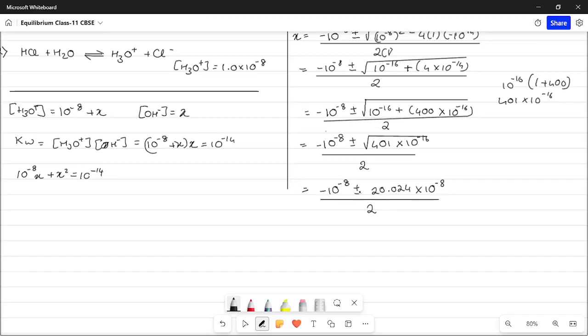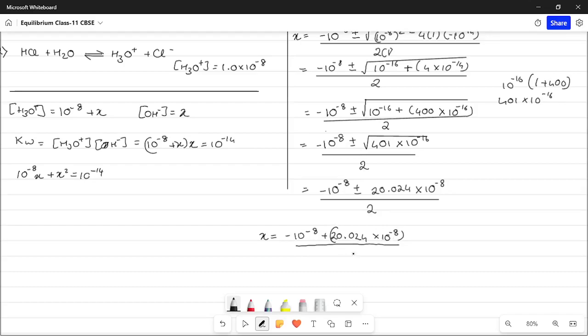Now we can either consider a positive or a negative sign. We're going to consider only the positive sign, because if you have a negative sign, you're just going to be left with a negative value for concentration, and that's not really possible. So x will be equal to minus 10 to the power minus 8 plus 20.024 into 10 to the power minus 8.